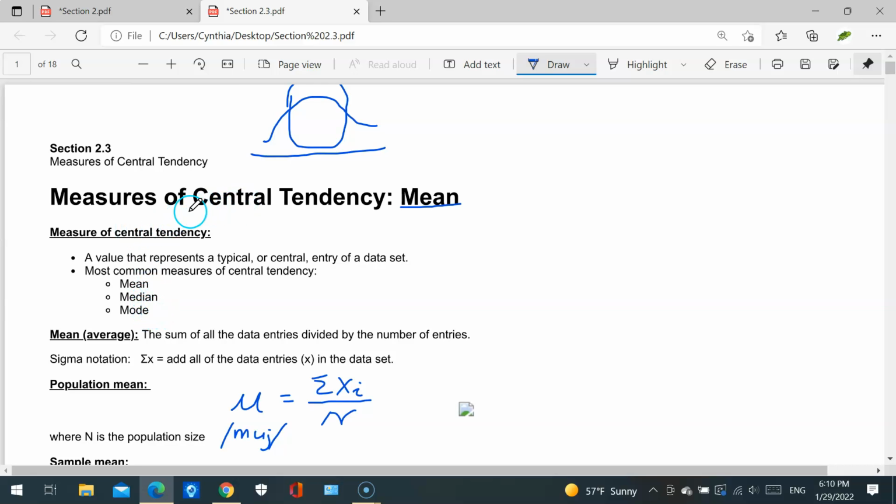They give us more information to understand the center of the data. Central means in the middle, right? The middle is the most interesting part we look for when we analyze the data. So in this section, we are going to learn how to find the mean, median, and the mode.